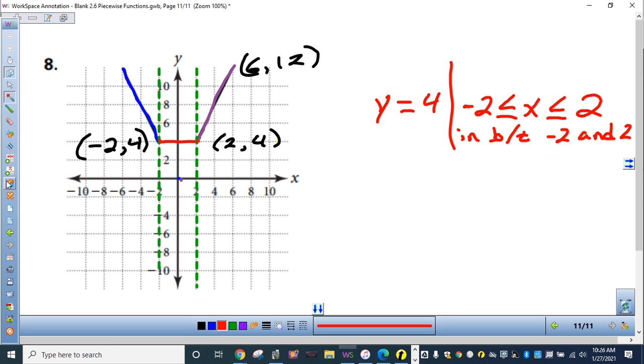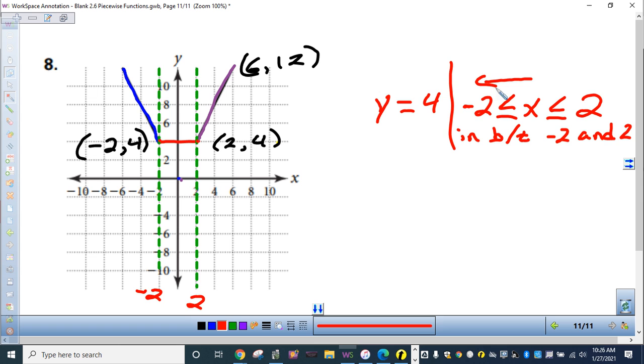Was the -2 and the +2 given, or did you have to figure it out? I got the -2 from right here and the +2 from right there, because that's where those green dotted lines are. If I read it this way, it's actually x greater than -2.